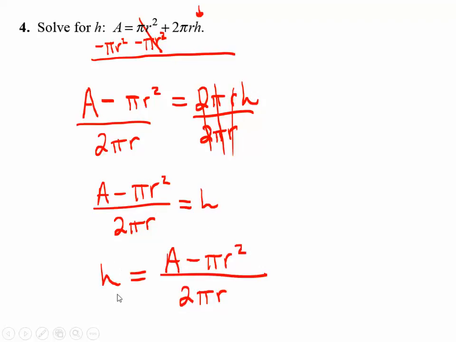Our variable is on the left, it says our variable is equal to, and then we have our formula on the right. Now, is it wrong to write it the other way? Nope, not wrong, but you'll never see it written that way. You'll always see it written as variable equal to, and then whatever the equation is.